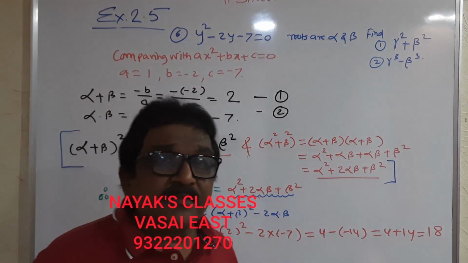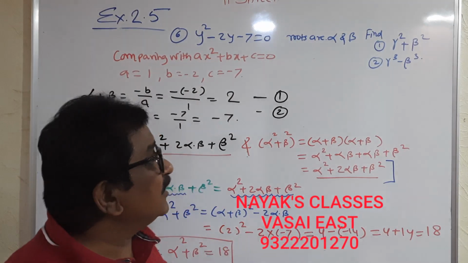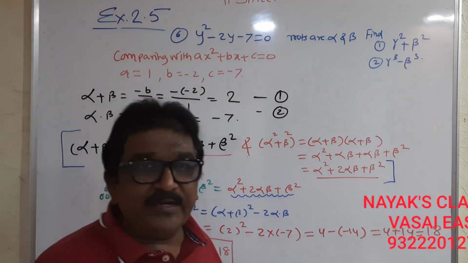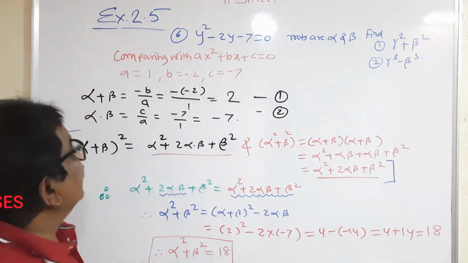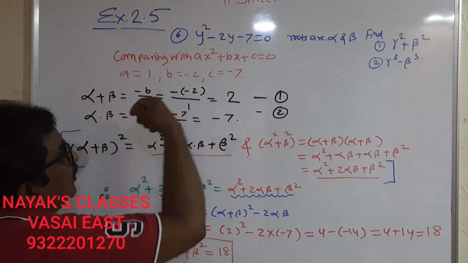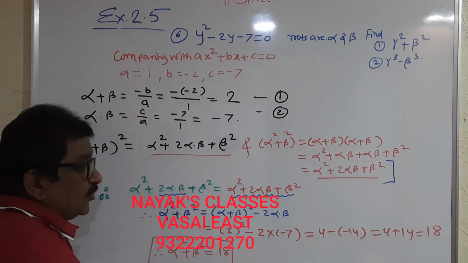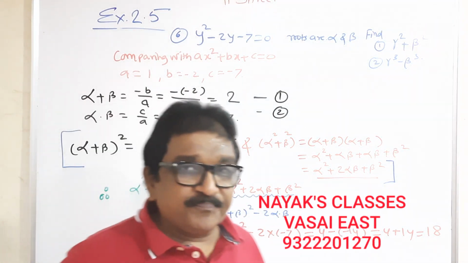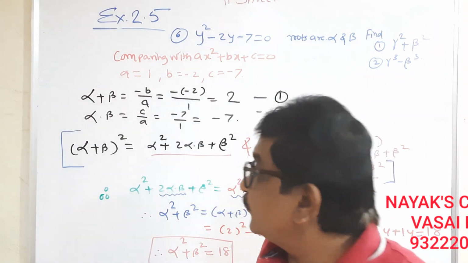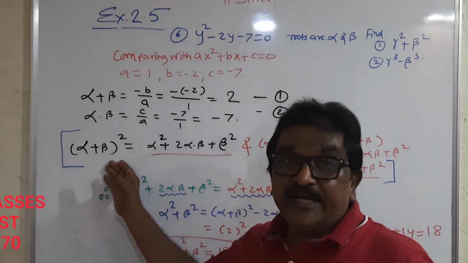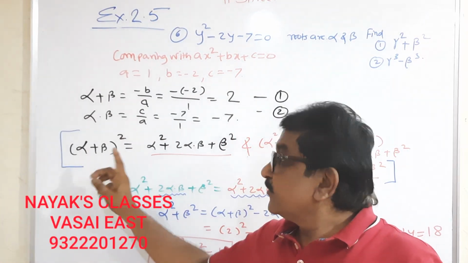So now alpha square plus beta square value we knew. It's not like that, that you just add alpha beta and square it. No, that's not so easy. Now come to identities of 8th standard.